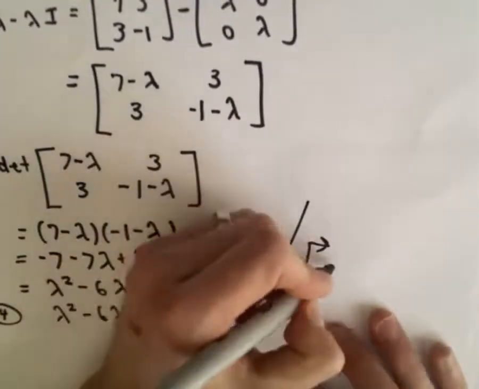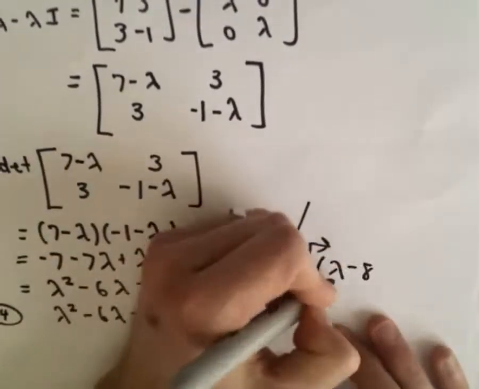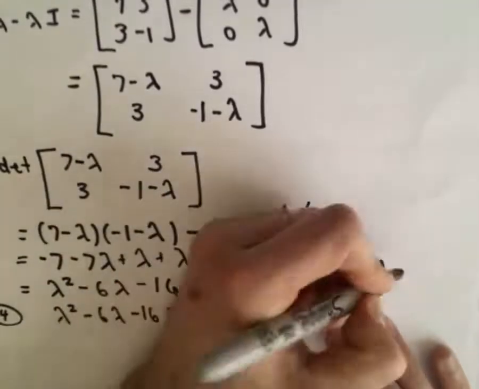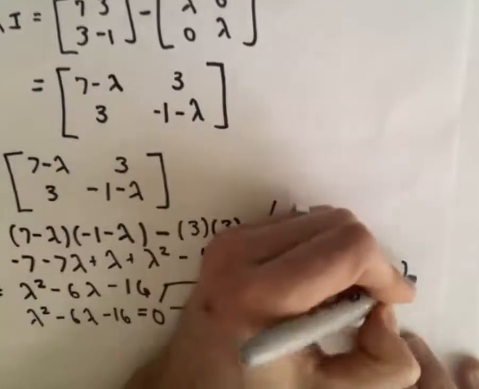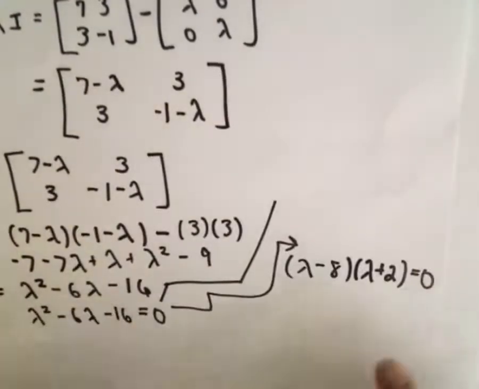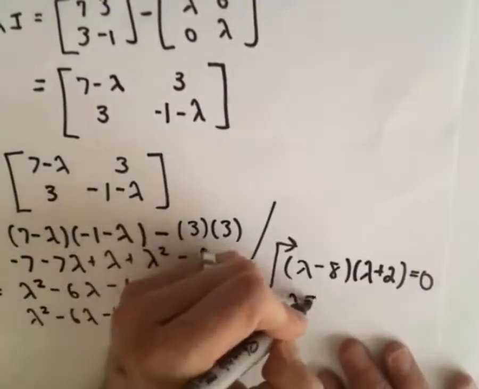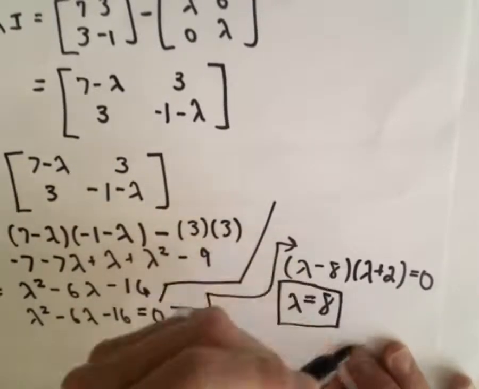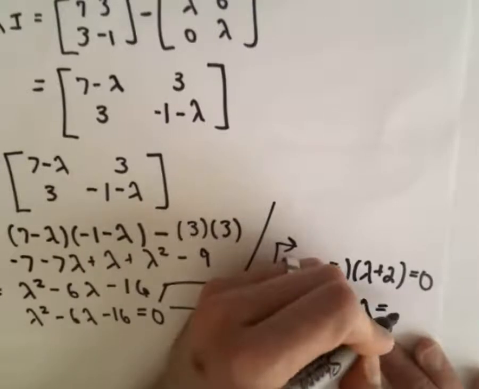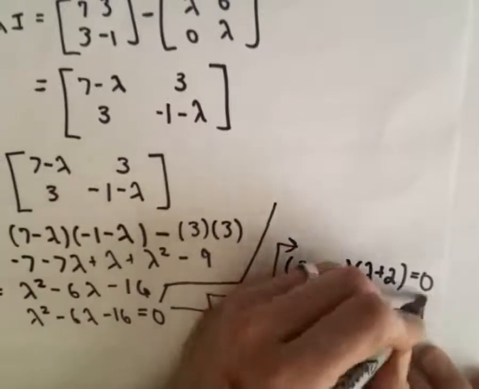That factors as lambda minus 8 multiplied by lambda plus 2. So we'll set that equal to 0. If you set each factor equal to 0, we get the solution lambda equals 8. And by setting the second factor equal to 0, we get lambda equals negative 2.